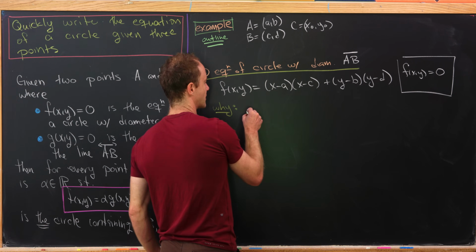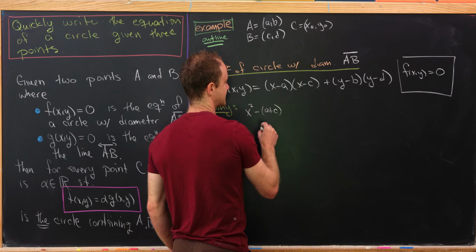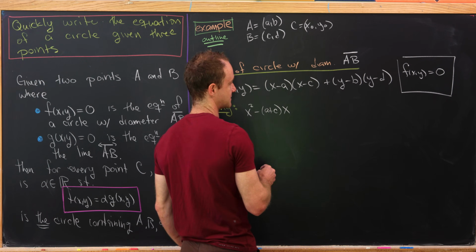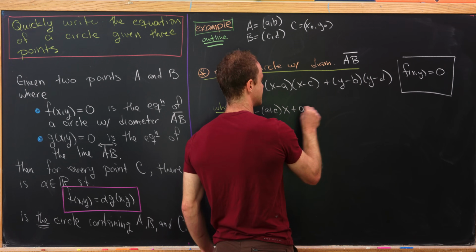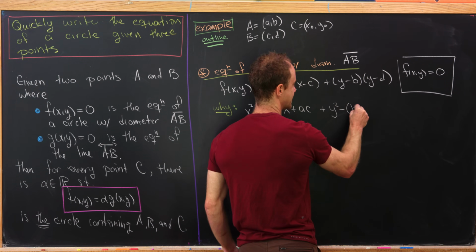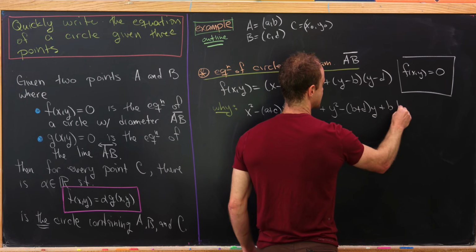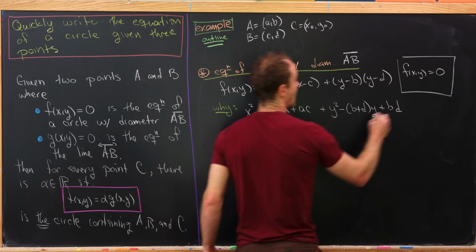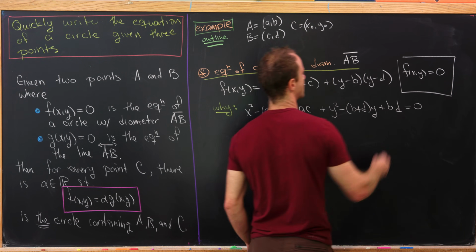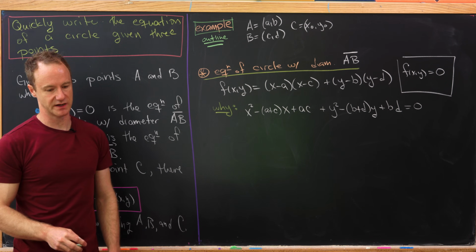So let's notice if we were to multiply this out, we get x squared minus a plus c times x, and then plus a times c. And then we'll have plus y squared minus b plus d times y plus b times d. And then this is all going to be equal to 0 because remember we're looking at the equation f of xy equals 0.